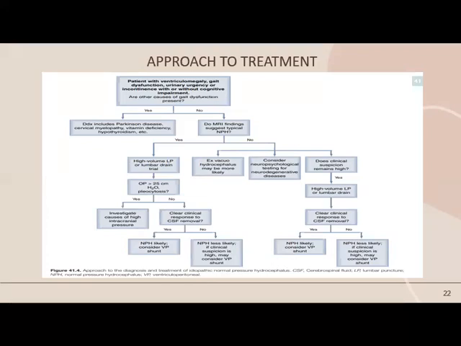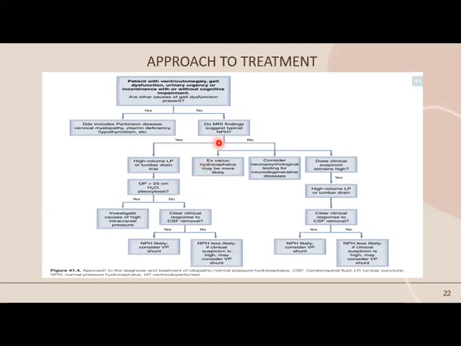If the opening pressure is less than 25 and there is a clear response to the removal of CSF, then NPH is very likely and a VP shunt is done. If there is no response to CSF removal, then NPH is less likely, but if the suspicion is still high, we may consider a VP shunt.